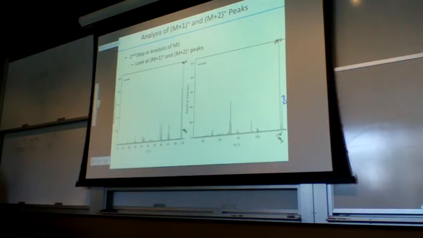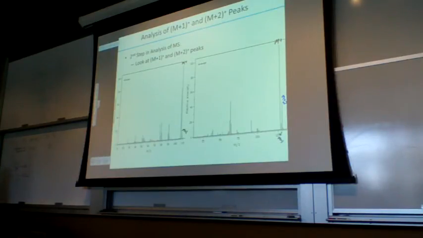So we have 100% of M plus and 8% of M plus 1. We can use this in our formula to determine an approximate number of carbons. We take the M plus 1 divided by the M plus times 100, and then we take this entire thing and we divide it by 1.1 for the percent abundance of the carbon-13.